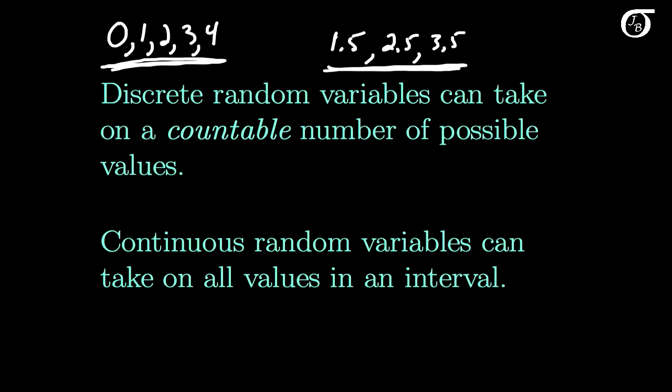Continuous random variables, on the other hand, can take on all values in an interval. So suppose we had some container that had a maximum capacity of 2 liters, and we put that in our backyard, and we intended on coming out in a couple of weeks and seeing how much water was in there. Well, the amount of water in that container is going to be a random variable that can take on any value between 0 and 2 liters.